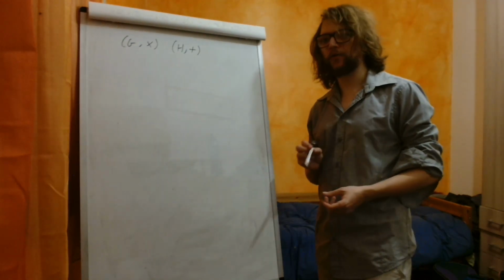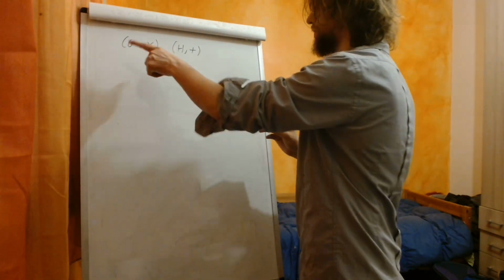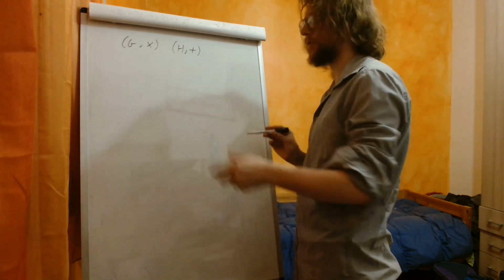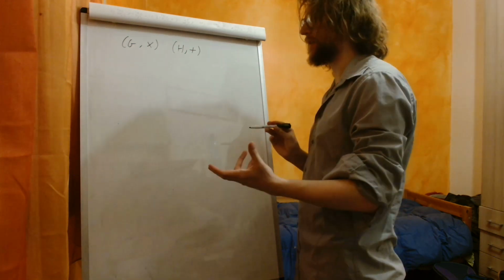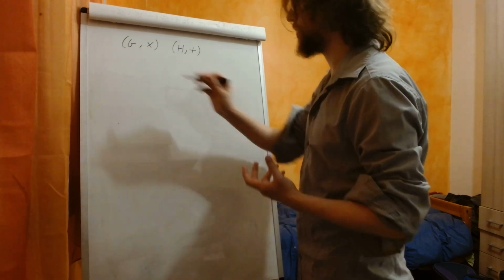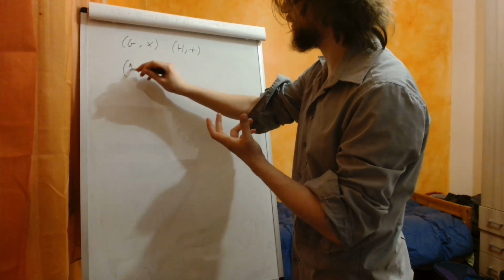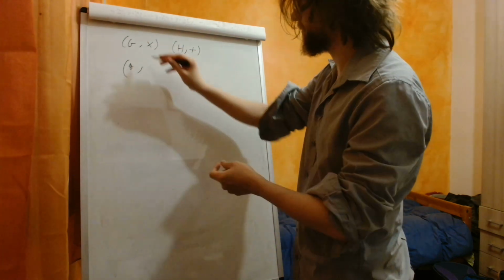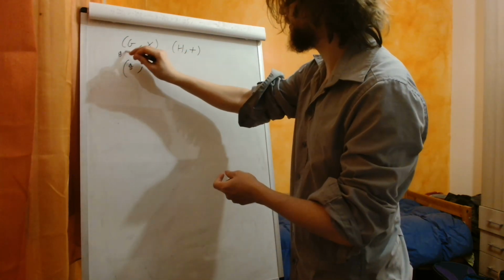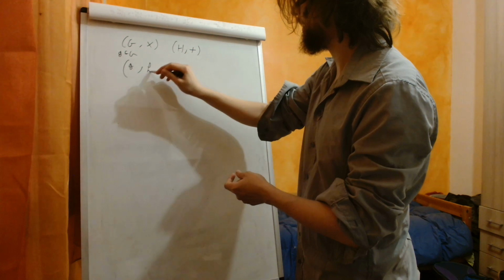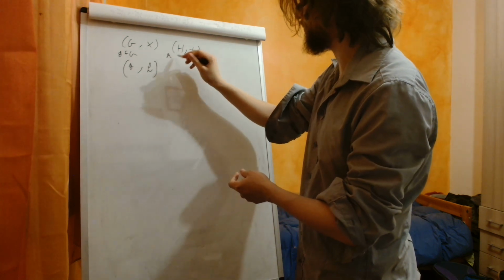Another way to generate groups is by considering 2 different groups and considering their operations independently. So you operate on an element like this, which has here the elements from this group, and here the elements from this group.